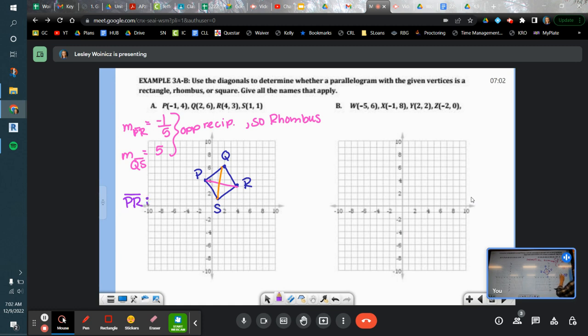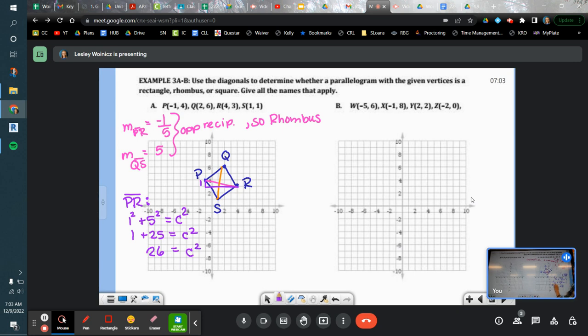So for PR, if I draw a little right triangle, I have a side of 1 and a side of 1, 2, 3, 4, 5. 1 squared plus 5 squared is the C, my length of diagonal squared. So 1 squared is 1, 5 squared is 25, so my C squared is 26.